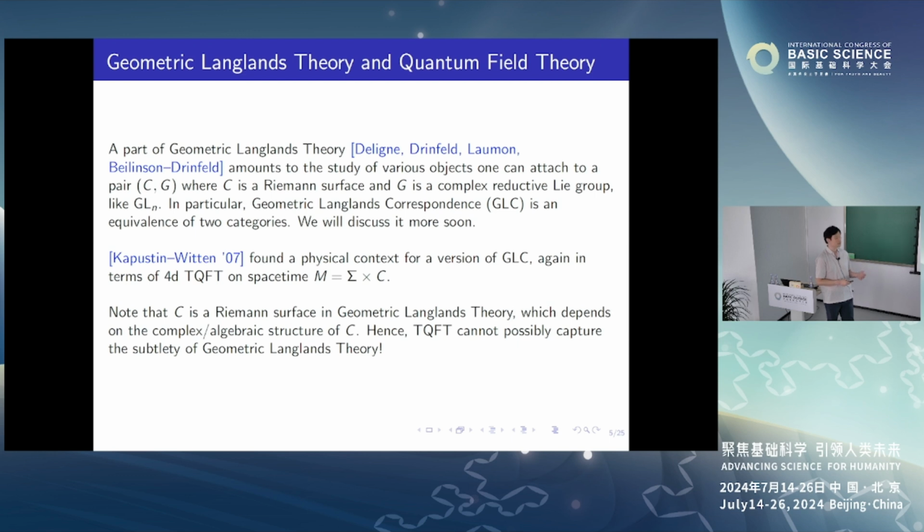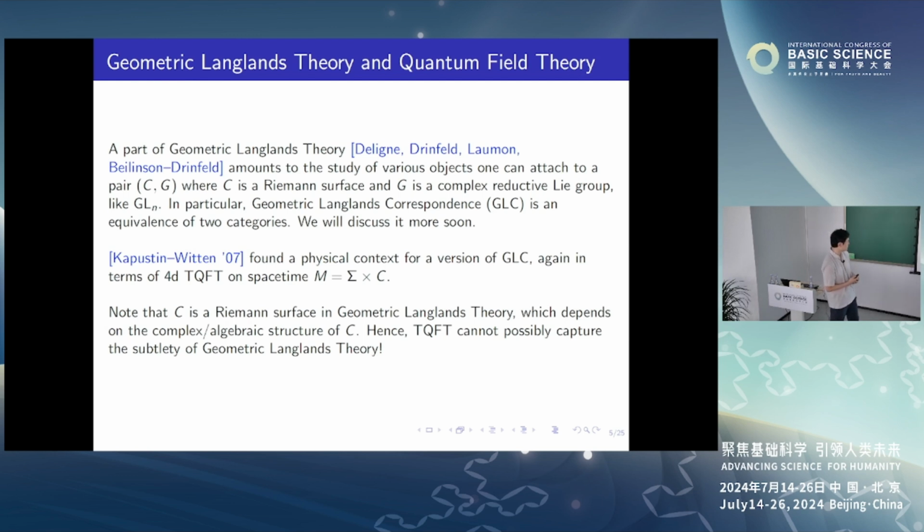For example, when C is an elliptic curve, there is a moduli space of elliptic curves, right? You may have the usual picture of the fundamental domain and so on. And for each point, we have a different statement of geometric Langlands. But if you're thinking in terms of TQFT, all the elliptic curves are the same. They are just a torus. So in that sense, TQFT just cannot really capture geometric Langlands.